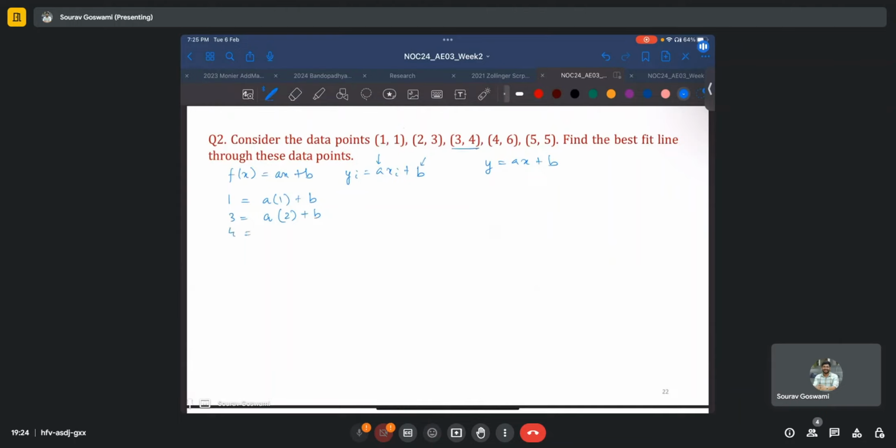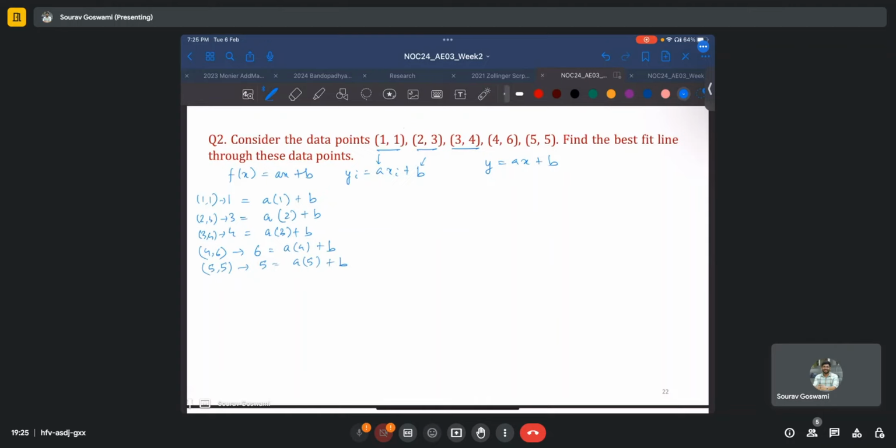Remember I'm just working with these individual data points. So this is corresponding to data point 1 1, this is corresponding to 2 3, this is 3 4, and so on. So 4 equals a3 plus b. Similarly for 4 6, we have 6 equals a4 plus b, and for 5 5, 5 equals a5 plus b.